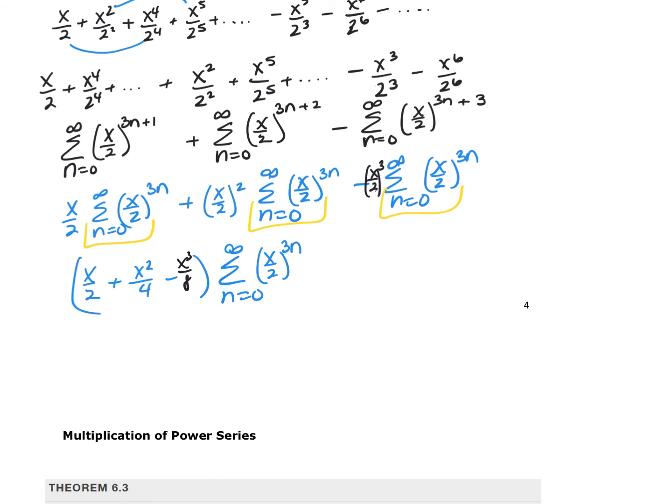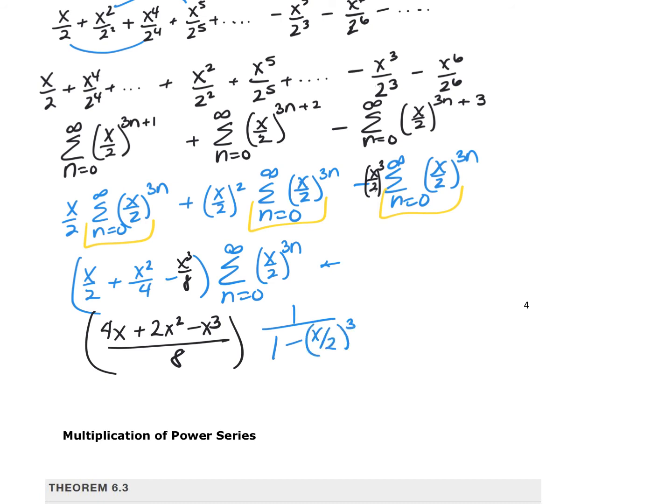Anyways, multiplying everything to make sure that we have a common denominator of 8, this is going to be 4x plus 2x squared minus x to the 3rd all over 8. And then we know that this can be replaced with 1 over 1 minus x divided by 2 raised to the 3rd power.